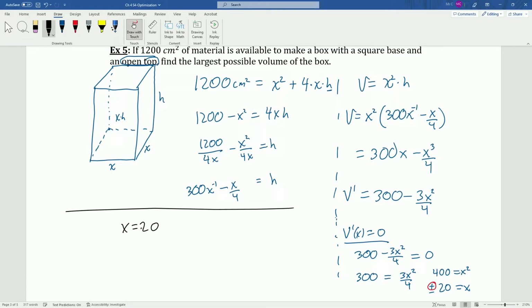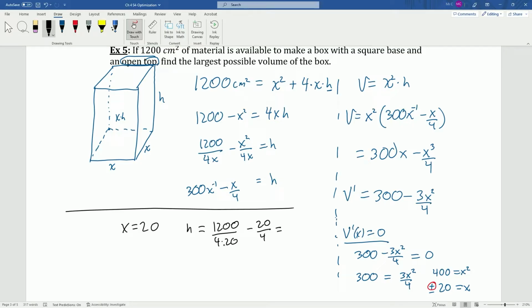And what is h then? Well, let's look at this form for h. We have 1200 over 4x minus x over 4, right? So 1200 over 4 times 20 minus 20 over 4.